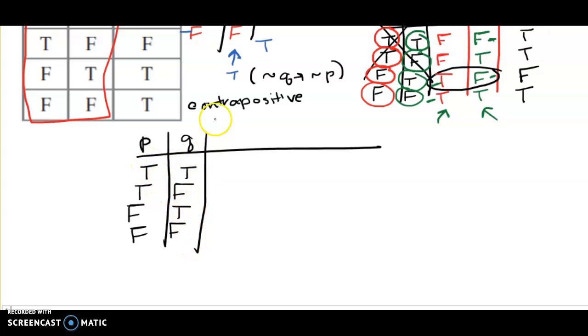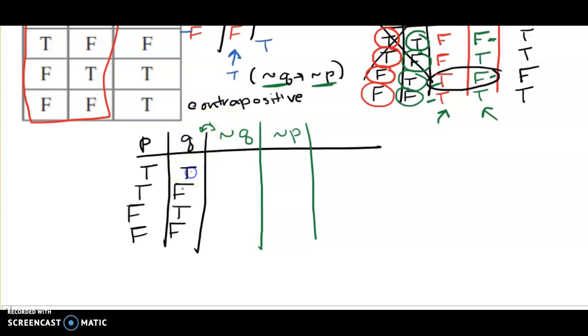Every combination there is. So notice our contrapositive, we need a not Q as our hypothesis and our not P as our conclusion. So it doesn't really matter what order you put these through. I like to try to put them in this order here. So I'm going to do my not Q first, and then I can do my not P second. All right, so not Q, remember, it's just the opposite of Q. Okay, we're going to flop these.